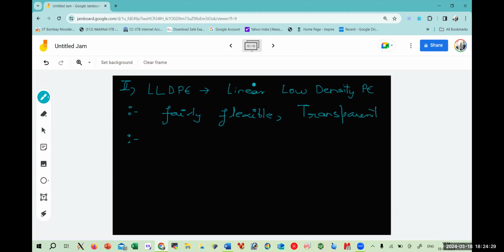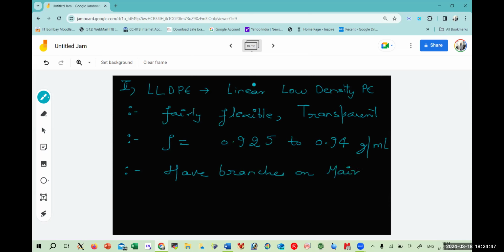Their density lies between 0.925 to 0.94 gram per ml. And they have branches on the main chain itself, whereas in LDPE there were long chains with small branches, here in the main chain itself they are having the branches.